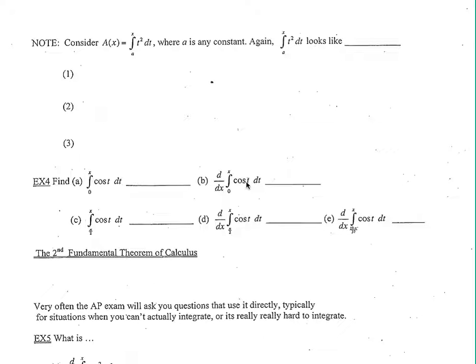Fundamental Theorem of Calculus. Summary of what we did on the front side. We're looking at the integral of the function t squared with respect to t, lower bound of a, upper bound of x, and we determined that the integral was 1/3 x cubed plus some constant, which we are calling c.